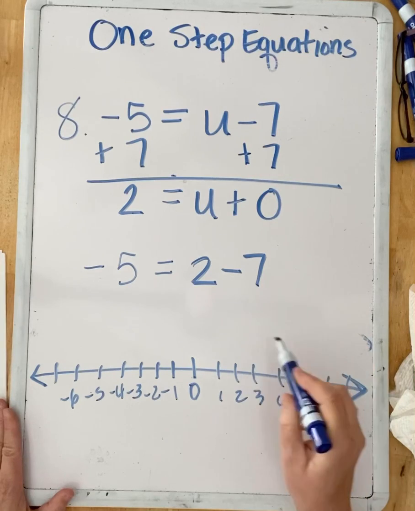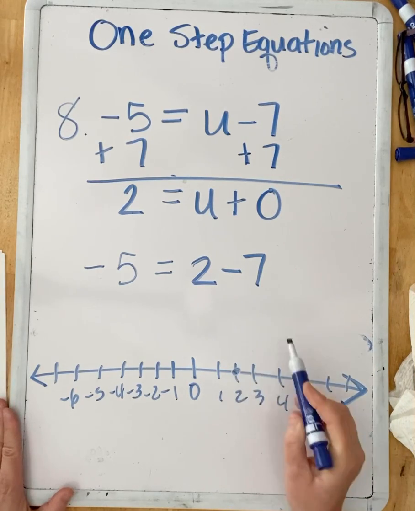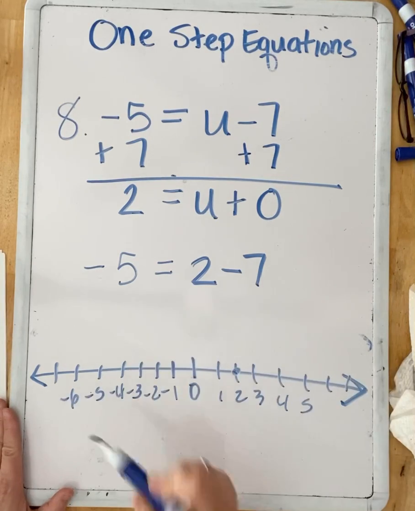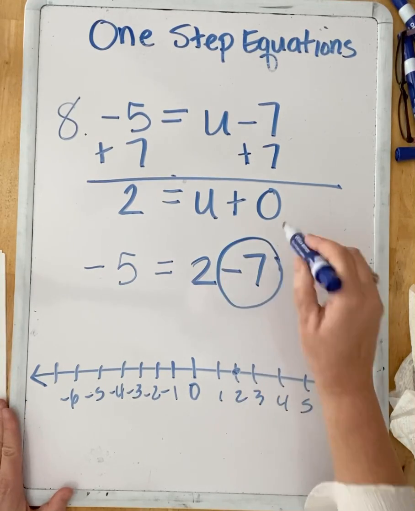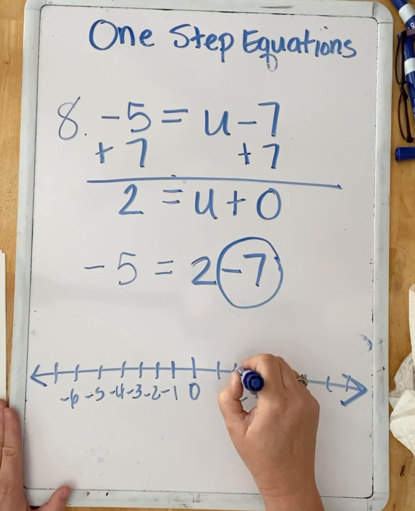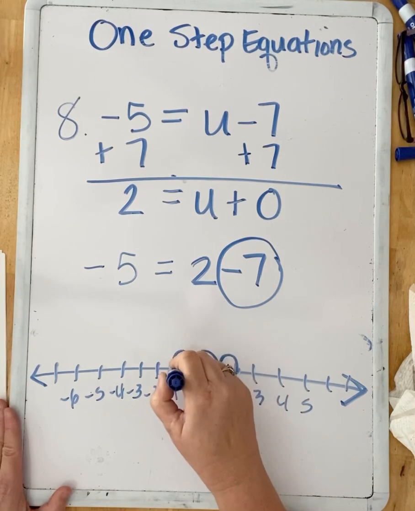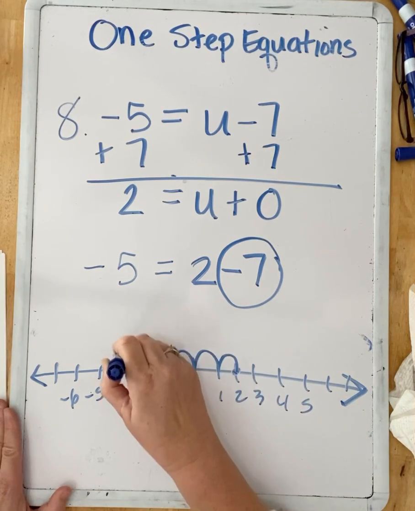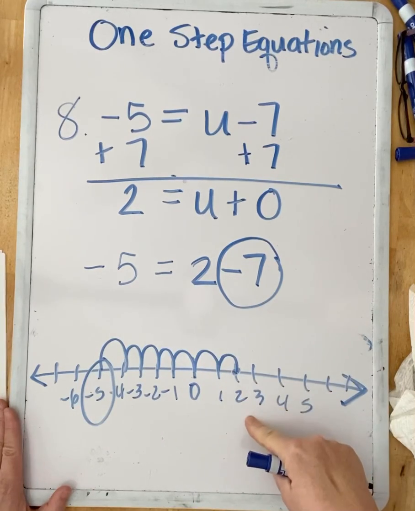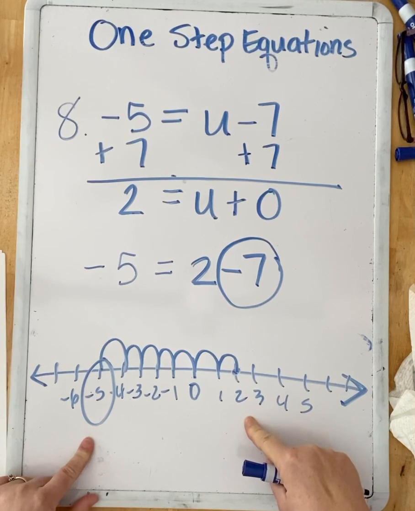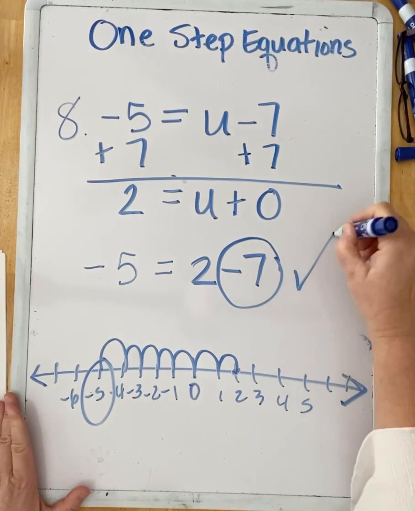All right, so I'm starting over here at regular 2, and I'm going backwards, or to the left, 7 spaces because it's telling me to subtract 7 from 2. So I'm going to go 1, 2, 3, 4, 5, 6, 7. And subtracting 7 from a positive 2 leaves me with a negative 5. Therefore, that works.